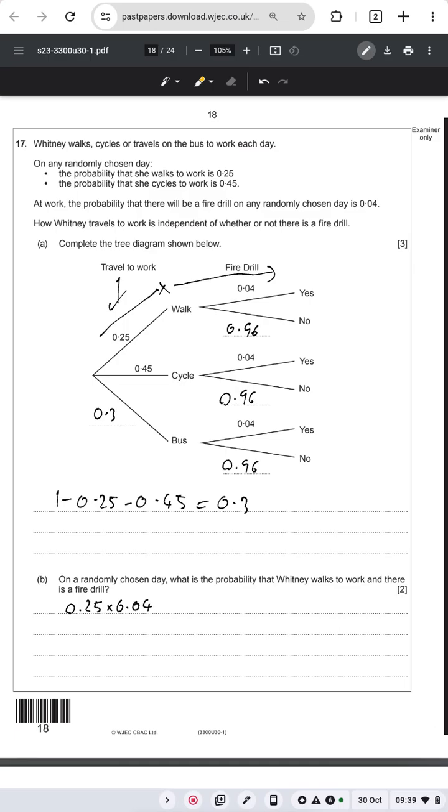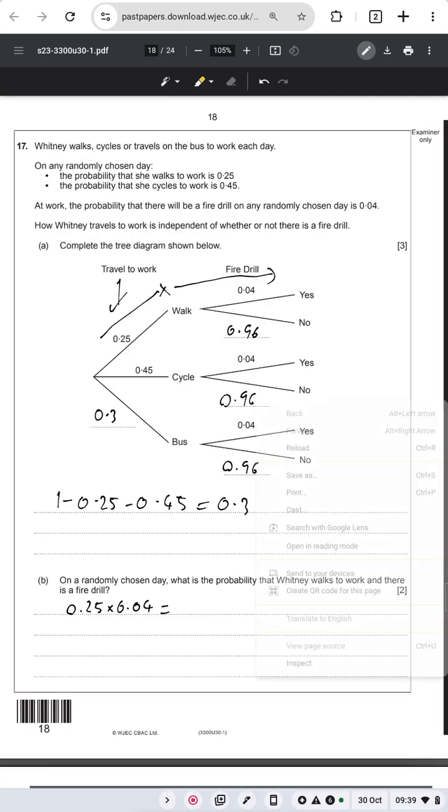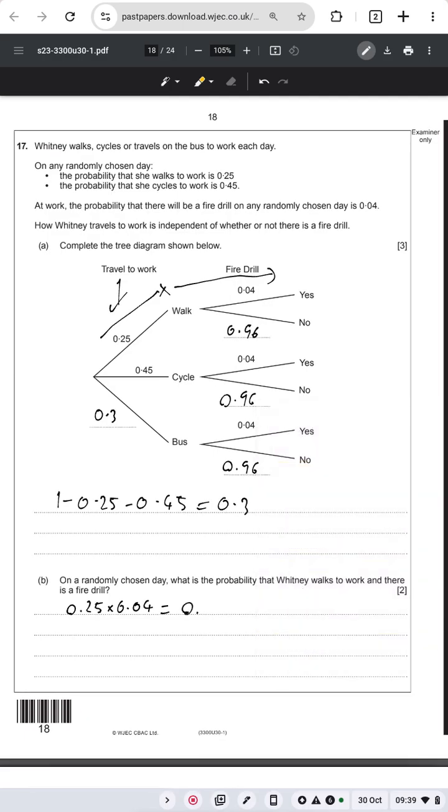So for this, we can do 4 times 25, which is 100, but we need to have a certain number of decimal places after. So another way to look at this is a quarter, because 0.25 is a quarter of 0.04, which is 0.01.